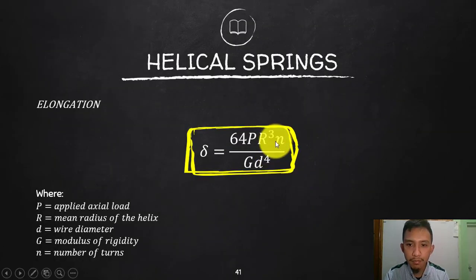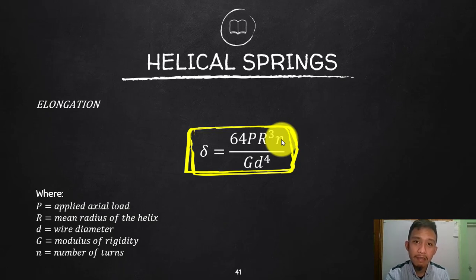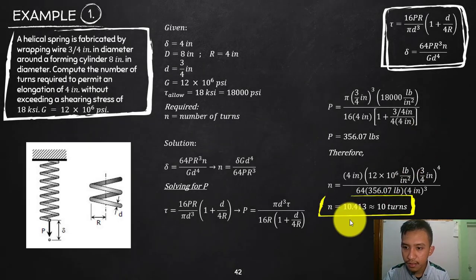And as I've said, that is why I emphasize this one. The number of turns will make your deformation, or will make your spring. If I increase the number of turns, that will make your spring less stiff, or weaker. So the lesser the n, the stiffer or stronger your spring. Therefore, instead of making that 11, that is wrong, because if I make that 11, it will make it a little bit weaker.